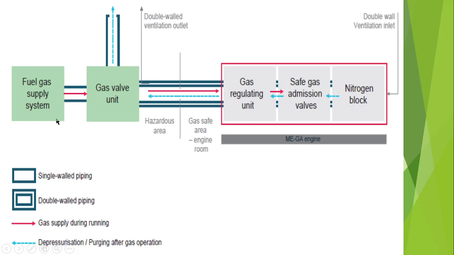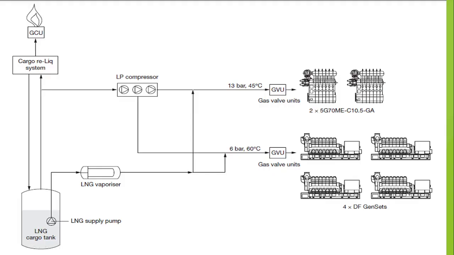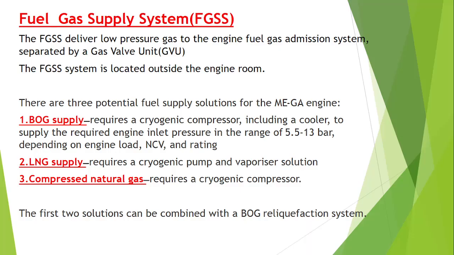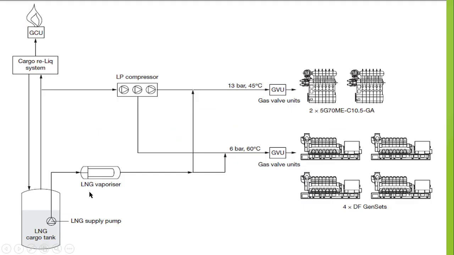As it is located outside the engine room, it eliminates the need for double wall piping and therefore saves cost. The second thing is that this fuel gas supply system basically consists of three arrangements: one is the BOG, second is the LNG, and third is compressed natural gas. Based on that, they can be combined in different ways, and through the GVU it can supply the generator and the main engine.